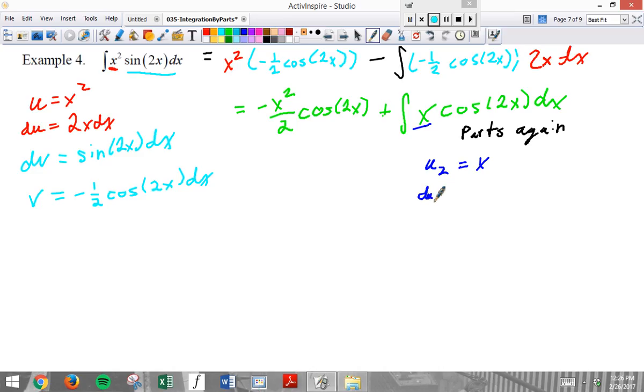So du2 would be dx. dv2, sometimes we arrange it like this when we're running out of room, cosine 2x. And so v2, the antiderivative of cosine is sine, and I need the 1/2 for the hook-off here.